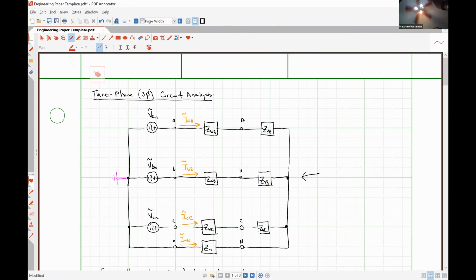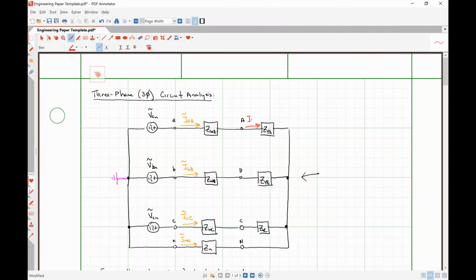Let's say the A phase of the load. Would it just be the voltage drop across the single impedance? Exactly. Or is it the current flowing through that?